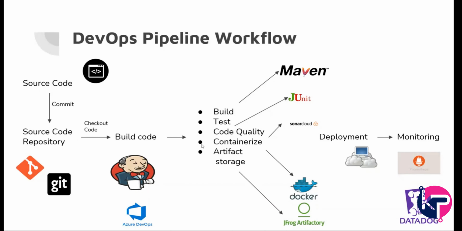So it will download the latest changes, call git checkout, and then Jenkins runs the pre-configured set of pipeline tasks, which is a build command, that will build, test, check code quality, containerize, and store artifacts. So this is the process.